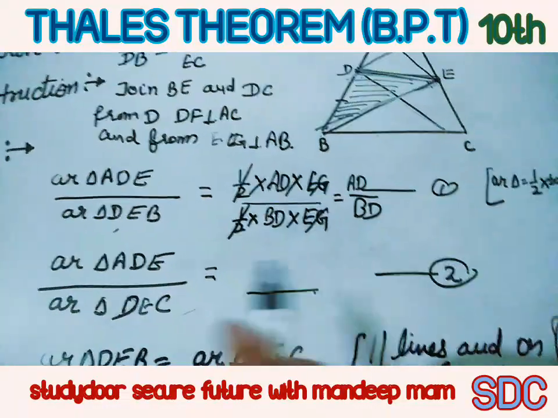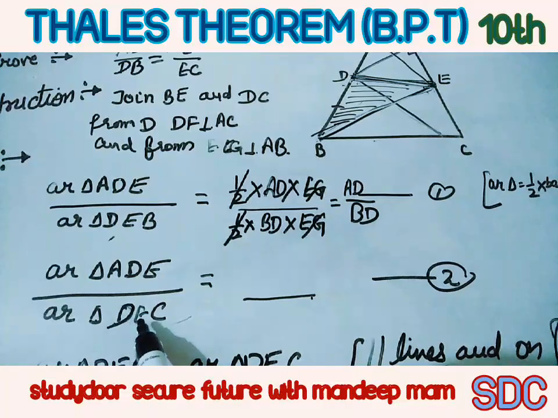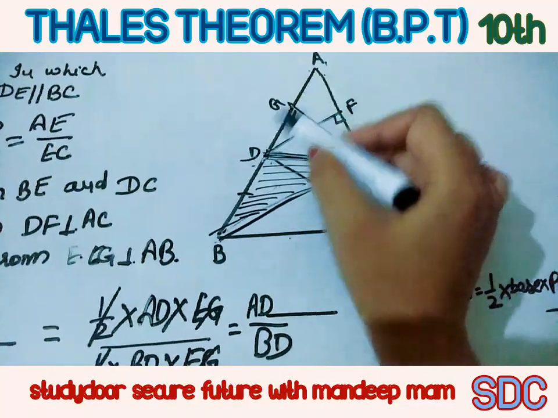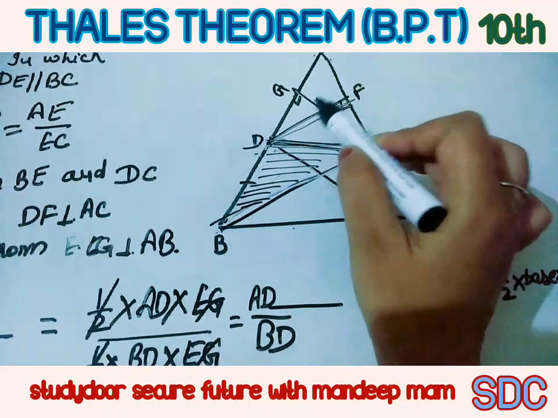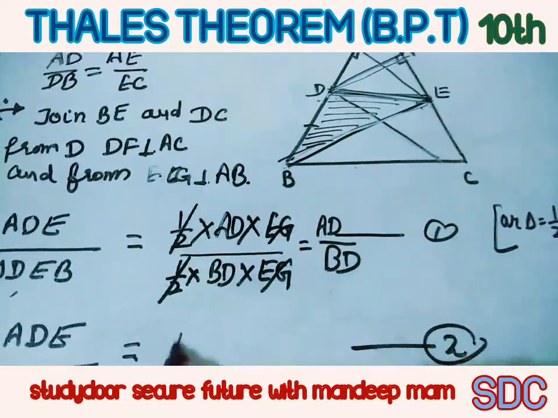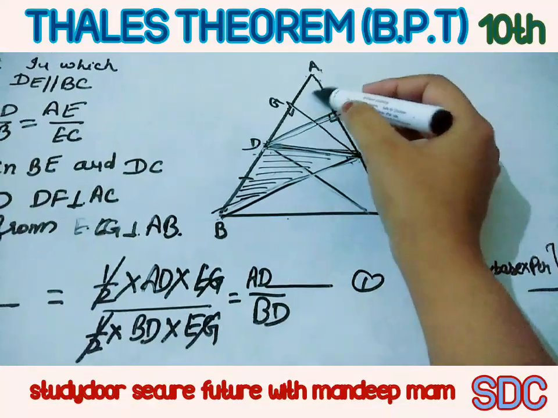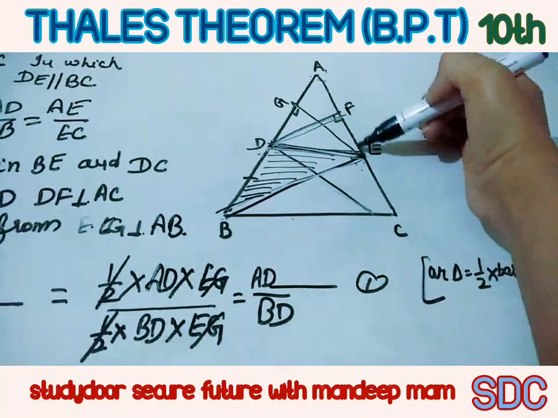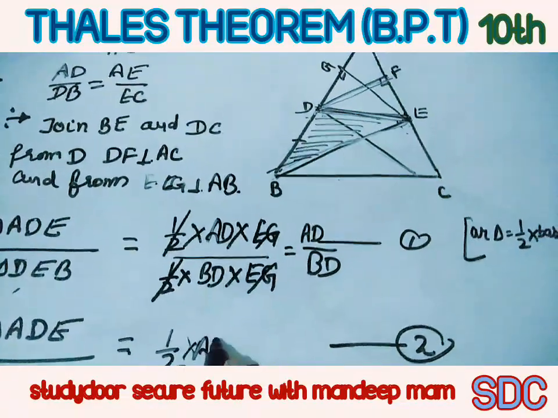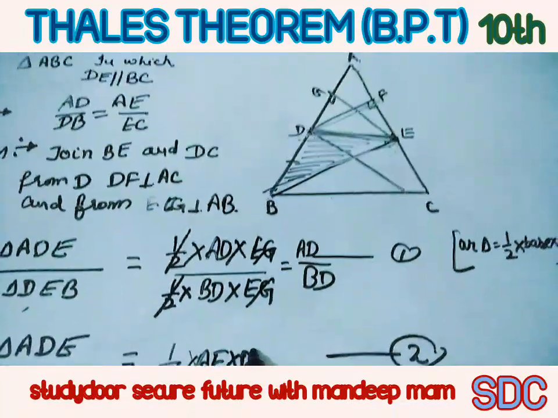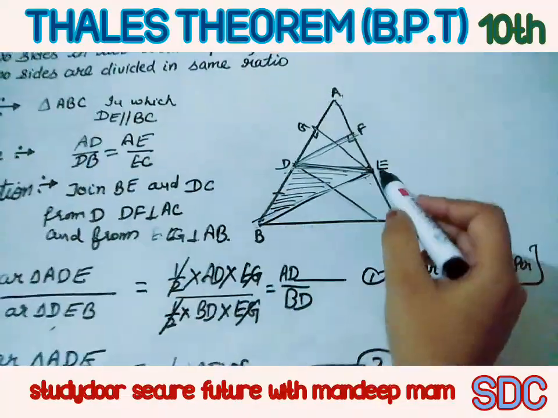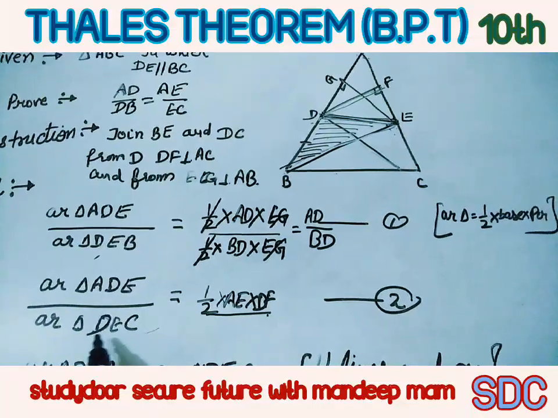Now our second part, area of triangle ADE and DEC. Now we will take triangle DEC. So our perpendicular in ADE is DF. On this side, DF. 1 by 2 area of triangle ADE, base AE and perpendicular DF. Now the remaining triangle we have to find out is the area of DEC.